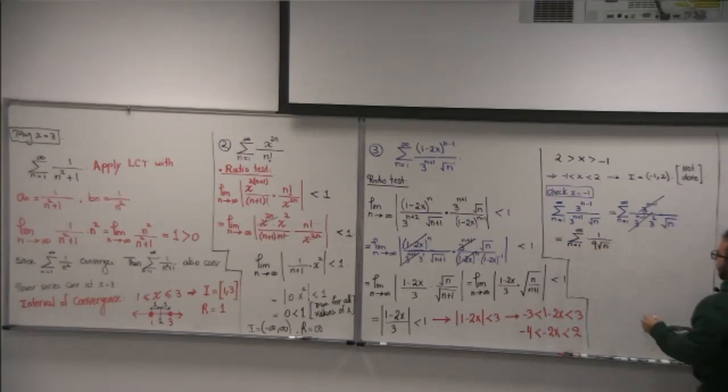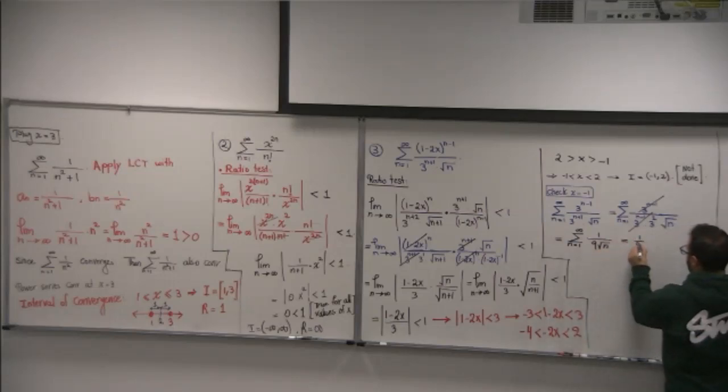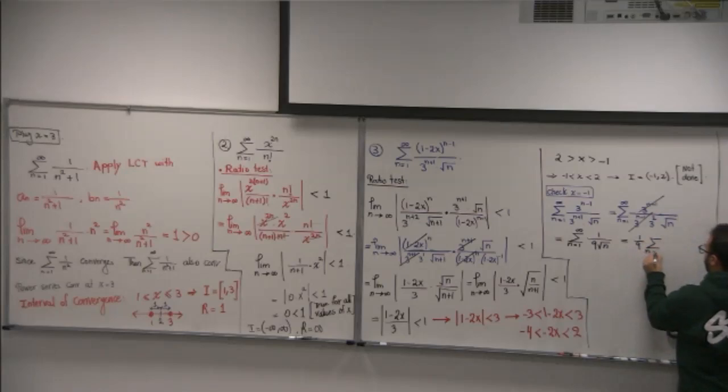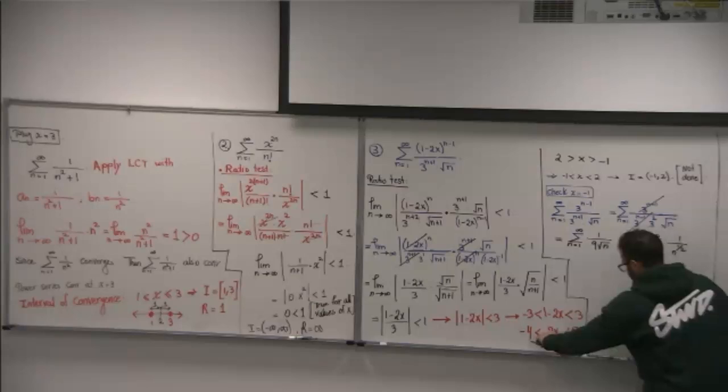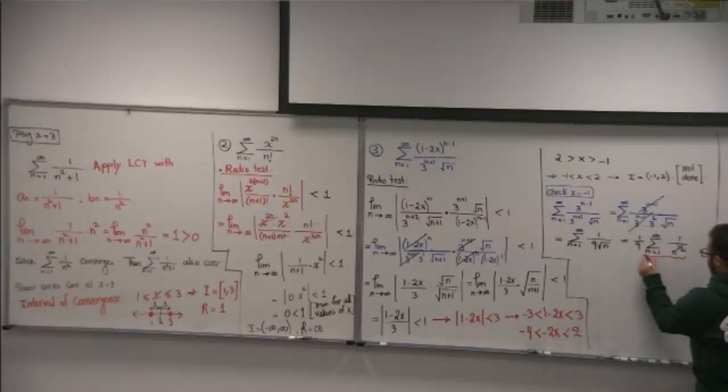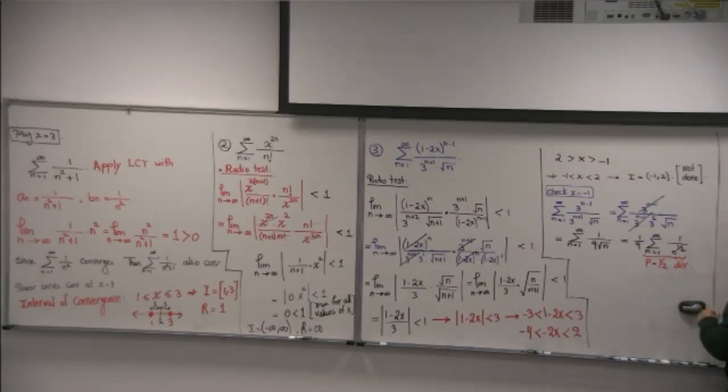But if you think about this, you can look at it like this: 1 over 9 series 1 over n power half. So what happens to this? This diverges, because this is exactly a p series. P equal half, so divergent.